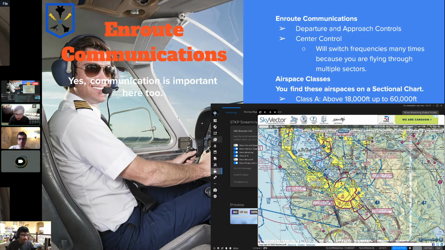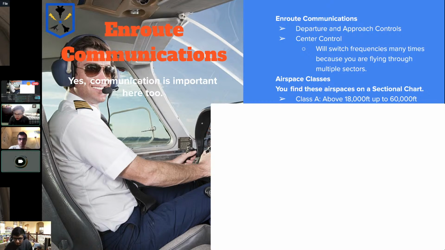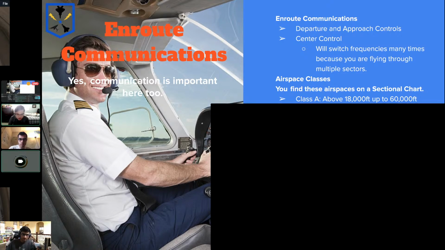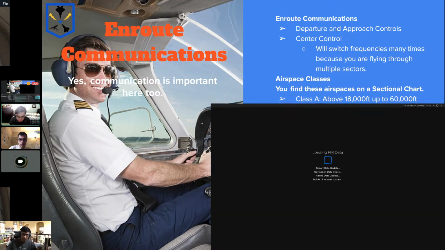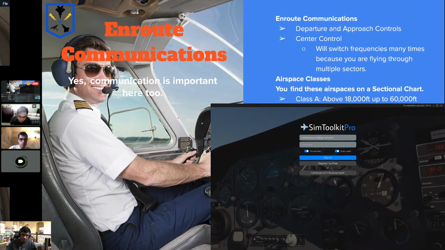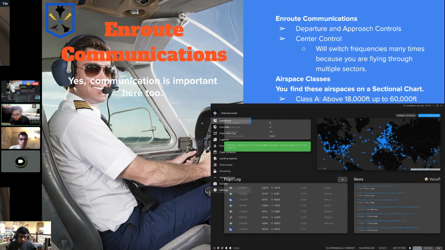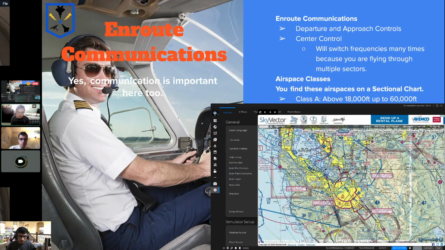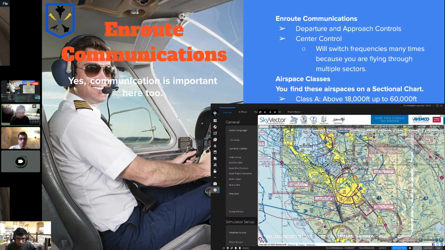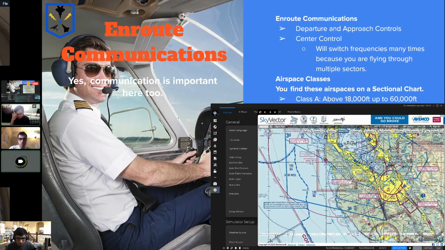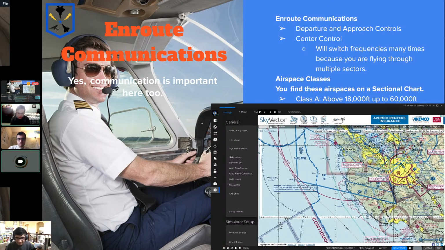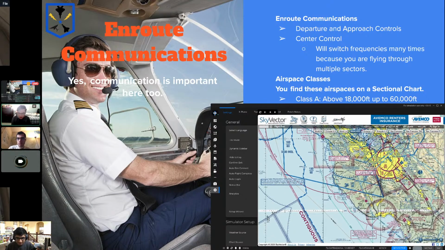So each puzzle piece has a fraction. The one I see by the bottom left corner of the Class Bravo airspace says 100 over 80. The 100 on top means the Class Bravo airspace goes up to 10,000 feet, and the 80 on the bottom means it starts at 8,000 feet.